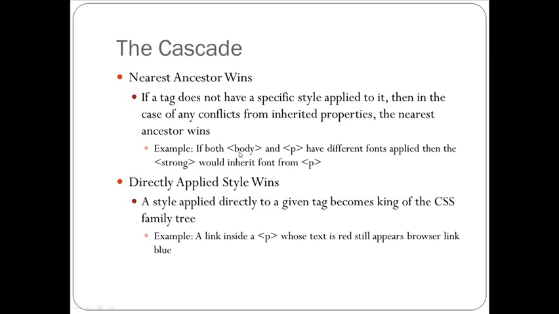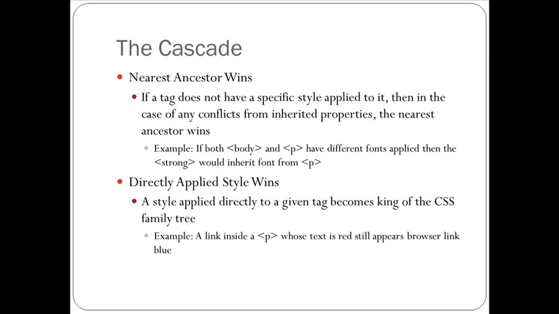So if the body was styling it with a font family of Arial, and the P was styling it with a font family of Times New Roman, strong would be Times New Roman because the P is a closer ancestor than the body tag.